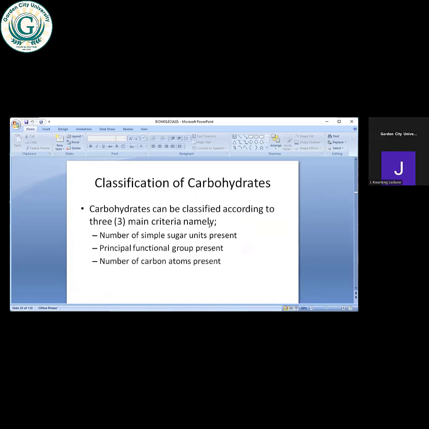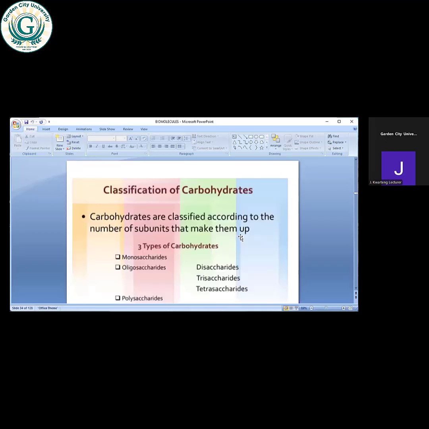Then the third criterion is to use the number of simple sugar units. In this context, there are those that exist as just one simple sugar unit, which we call monosaccharides.